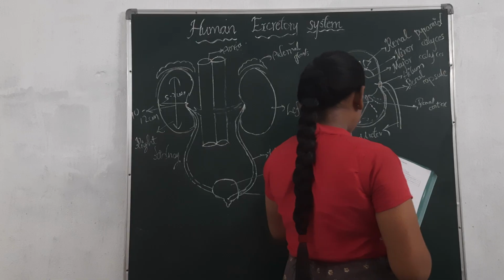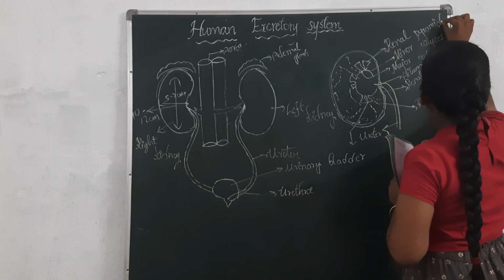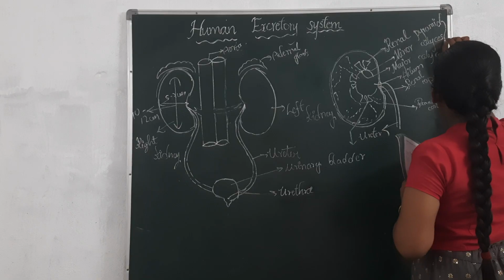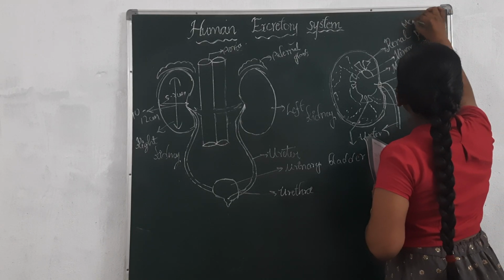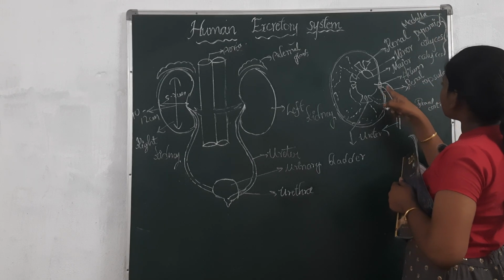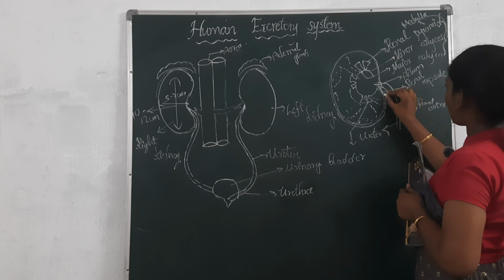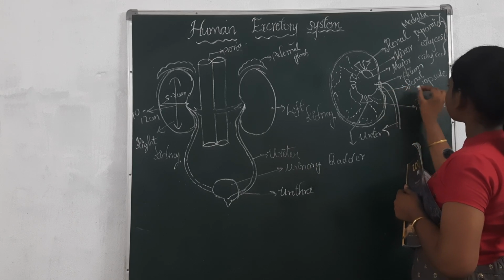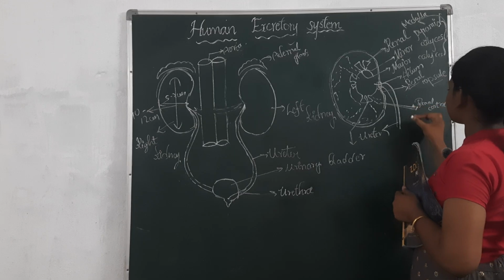Here, this is called the renal pyramid, and the renal pyramids, minor calyces and major calyces are called the medulla. This part is called the hilum, the outer part is called the renal capsule and the inner part is called the renal cortex.